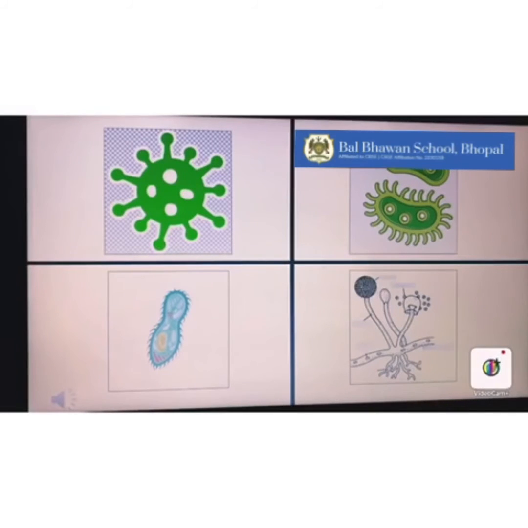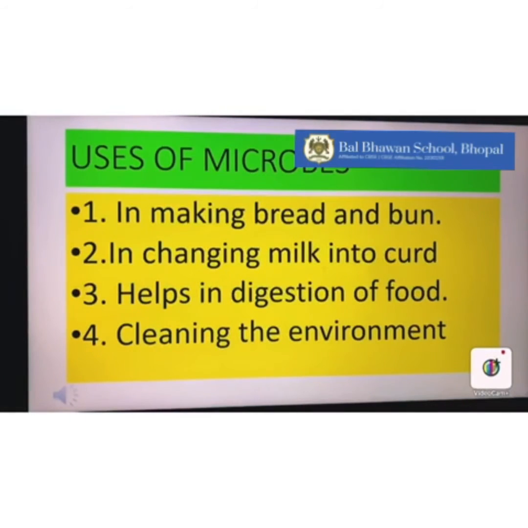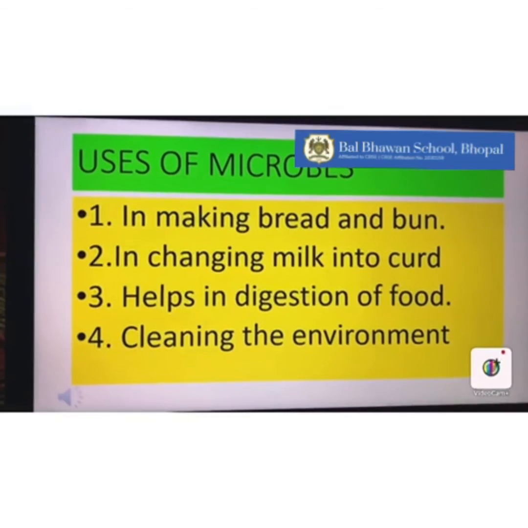So this is how some microorganisms look. Now some microorganisms are useful also, and some microbes are harmful also. First let us study about the uses of microbes, how they are useful to us.